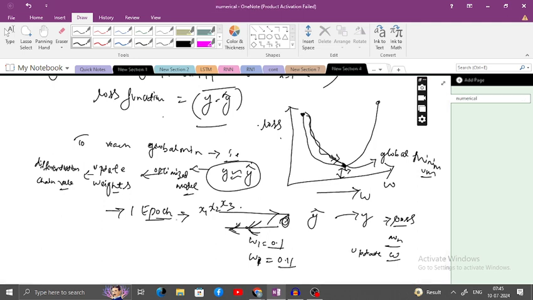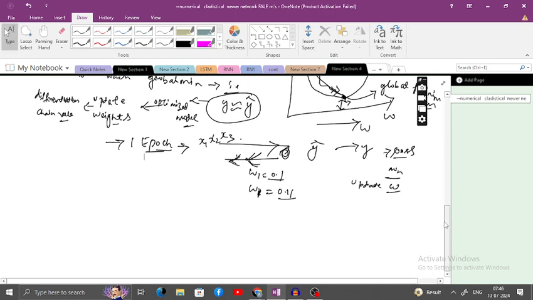So we need to update all the weights. In order to update all these weights, we have several optimizers.